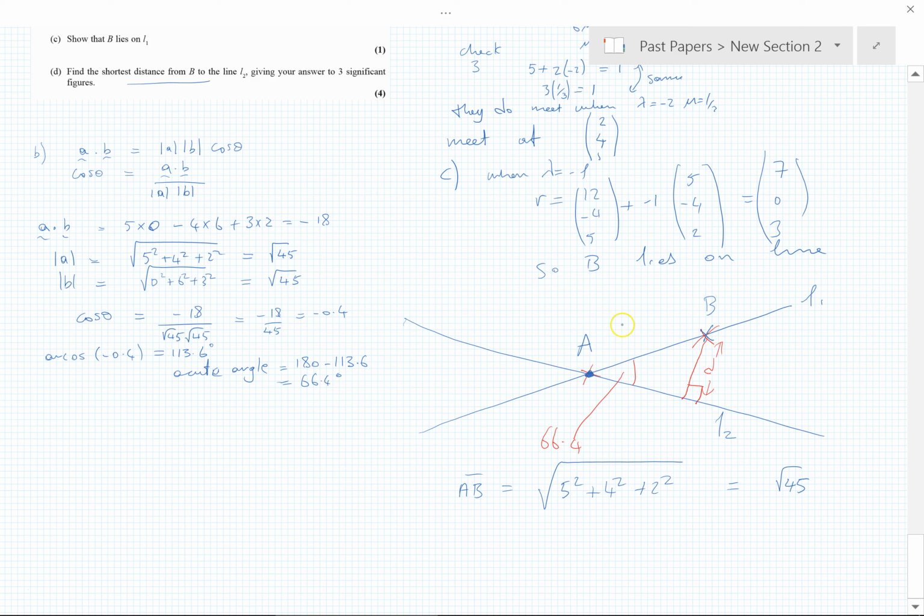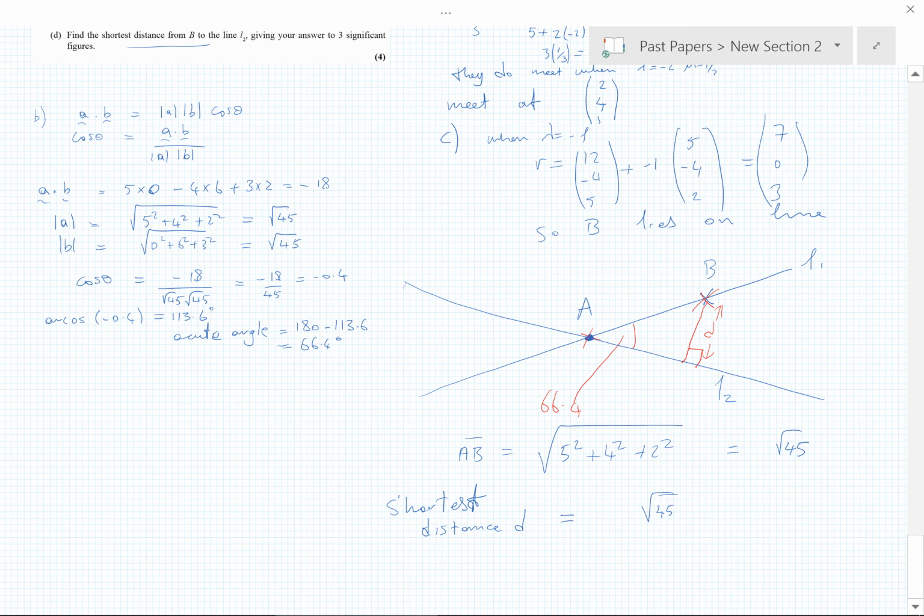So that gives us the shortest distance D is equal to the square root of 45 times sine 66.4. Use the stored value you would have had from before, just in case we get any rounding errors, and that comes to 6.15.